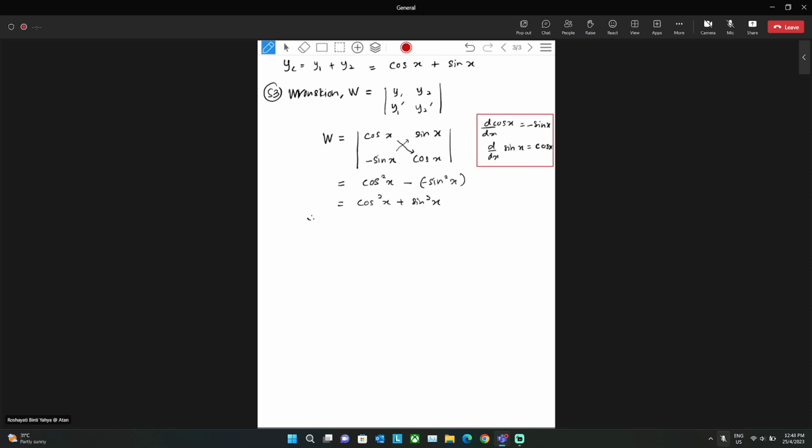So step number 4. What are u and v? So u here, you need to integrate y2 f(x) over a W dx plus a. For v, you need to integrate y1 f(x) over a W, sorry, with dx, plus b.